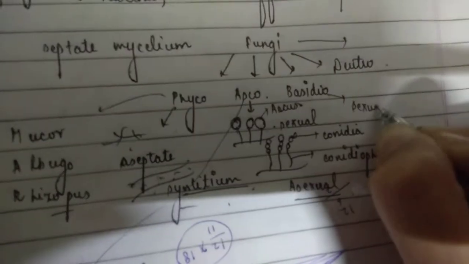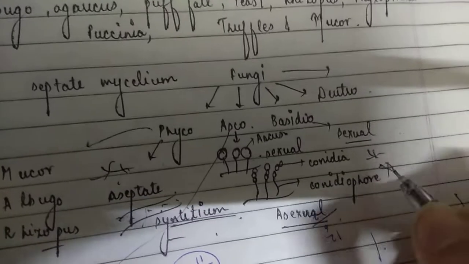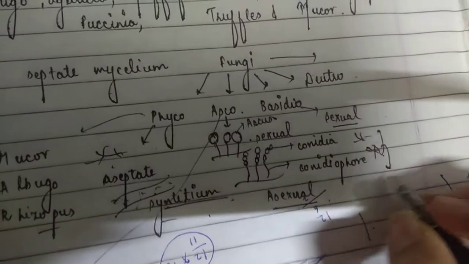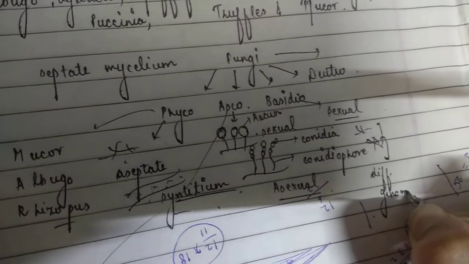Now I will tell you about Basidiomycetes. Basidiomycetes only produce sexual spores, only sexual. No asexual spores are produced. These mycelia are genetically different.